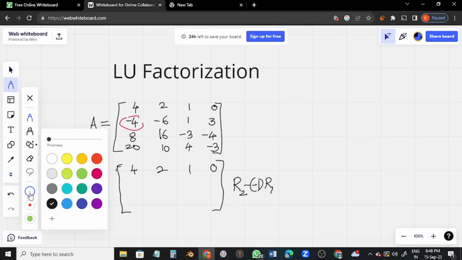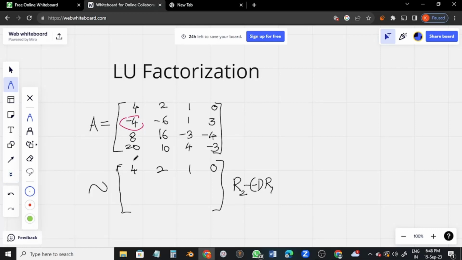So what do I get in hand? So let us see, -4 minus -4 is a 0. Actually we are adding. See, R2 plus R1. We are splitting as R2 minus -1 times R1. So this is what we are doing.